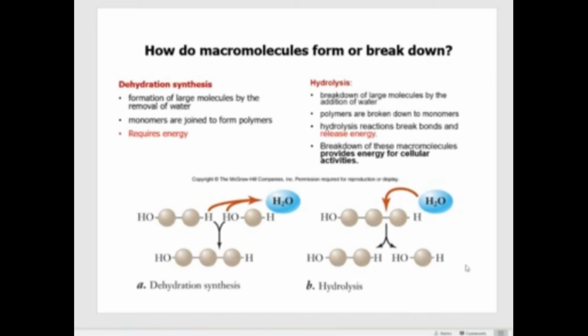So this is how you can break things down. This process releases energy because whenever you break a chemical bond, you're releasing the energy stored in that chemical bond. So when we break down macromolecules, the big molecules, polymers, into smaller molecules, you're releasing energy.